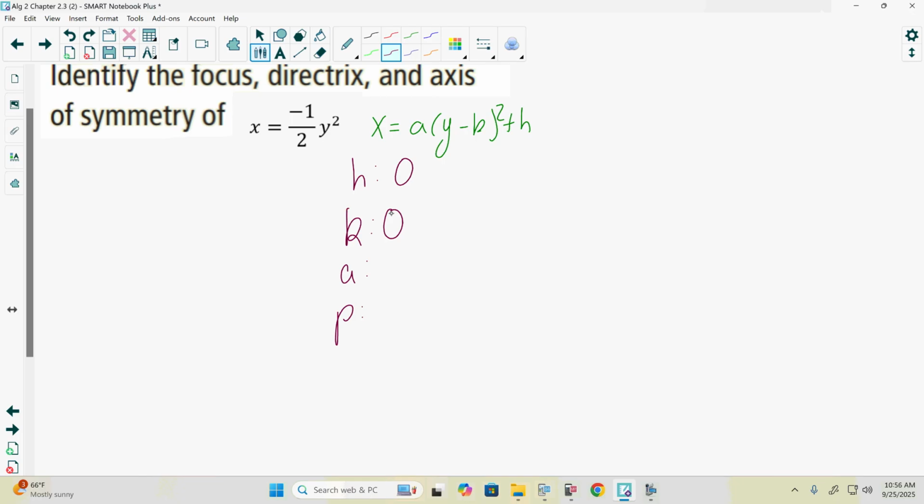So they would both be 0. A is -1/2. P is 1/4 times A, so 1/4 times -1/2, which, funny enough, is -1/2.